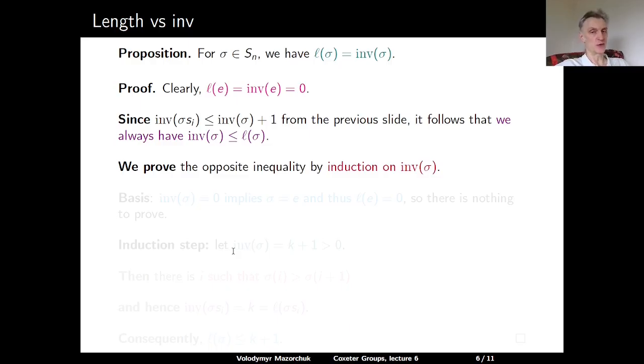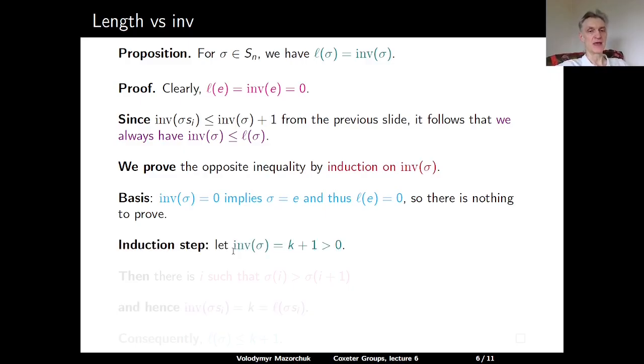We prove the opposite inequality by induction on the number of inversions of sigma. The basis of induction: if the number of inversions of sigma is 0, then sigma is the identity and the length is 0. So the basis is trivial, there is nothing to prove. For the induction step, let us assume that the number of inversions of sigma is k plus 1, and this is greater than 0. Then there must exist an i such that sigma of i is greater than sigma of i plus 1.